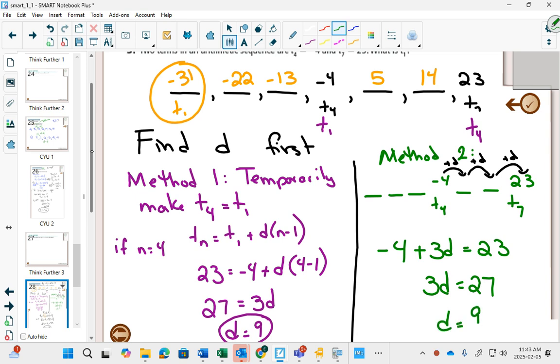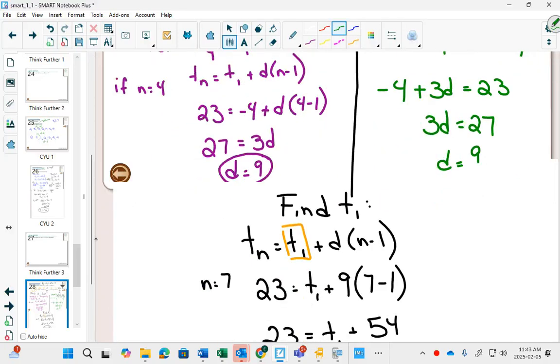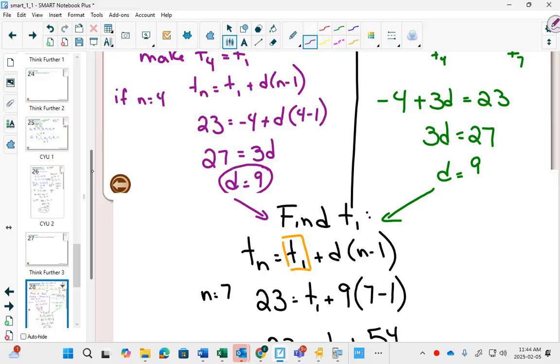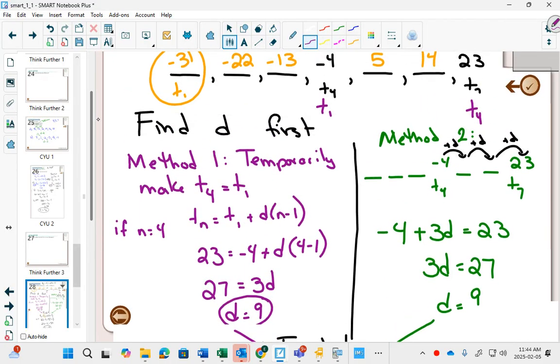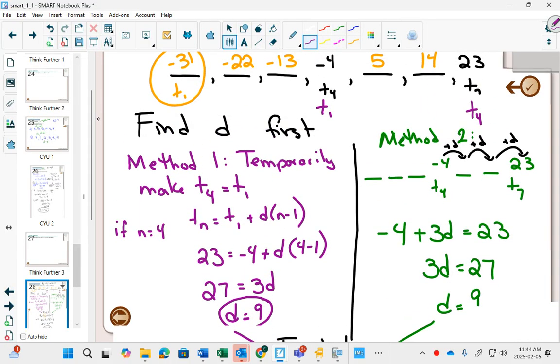I get D is equal to 9, just like I got D is equal to 9 in the purple method. Then for both the green method and the purple method, the next step is to find term 1, which you could either use the formula or work backwards like we did at the beginning. So we have 2 options there as well.